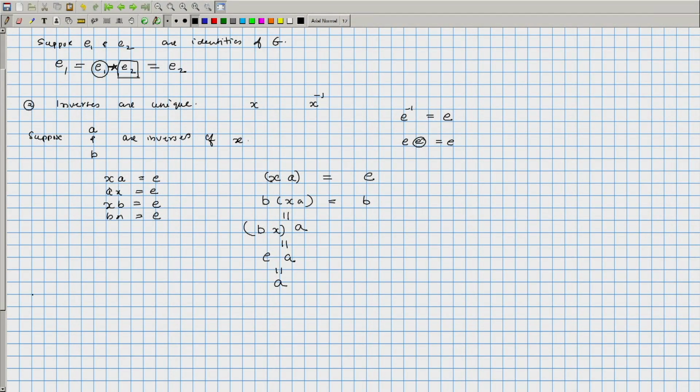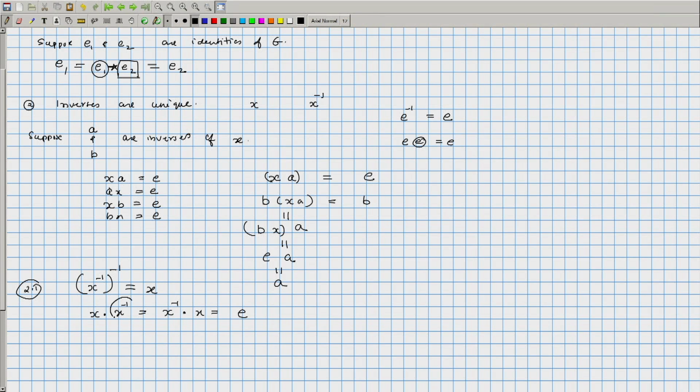And another property of inverses is, if you look at X inverse, that is some particular element, its inverse is equal to X. That is straightforward, because by definition of inverse, X times X inverse is equal to X inverse times X is equal to identity. Okay.